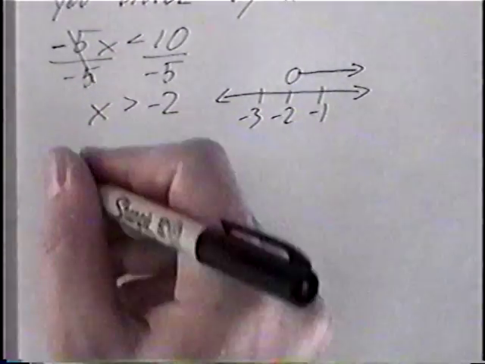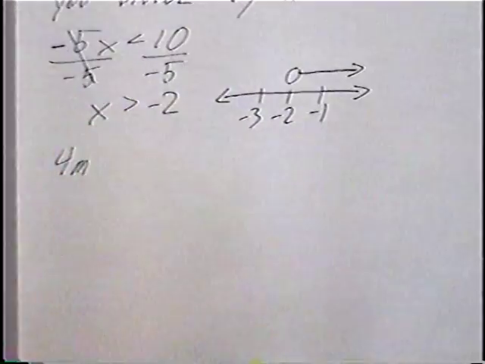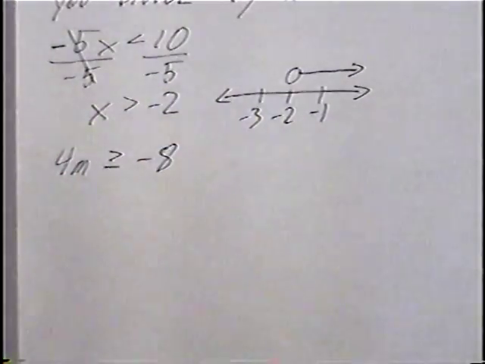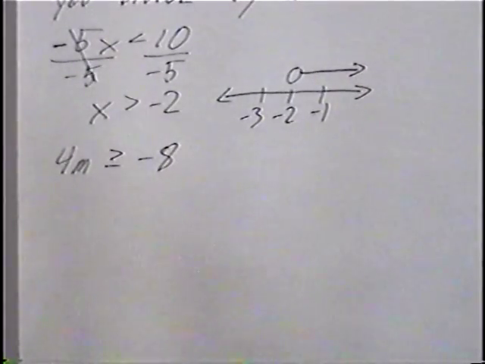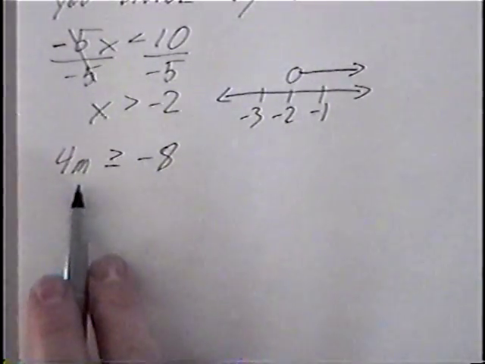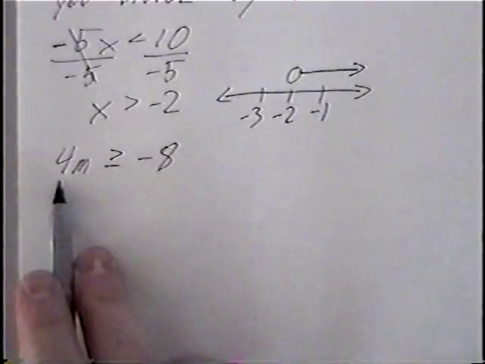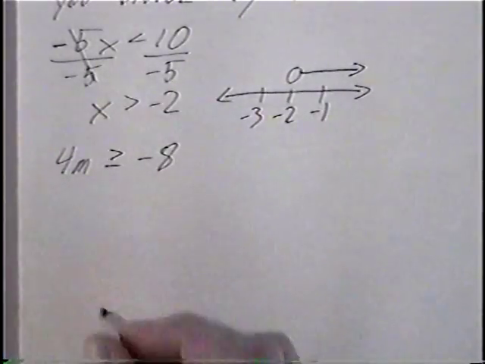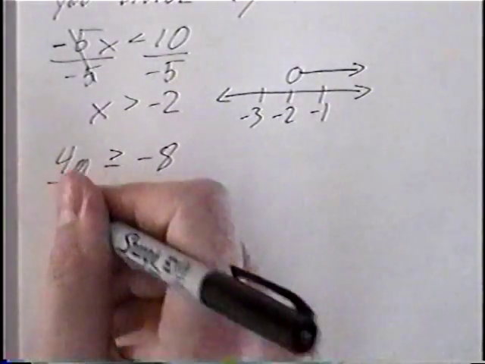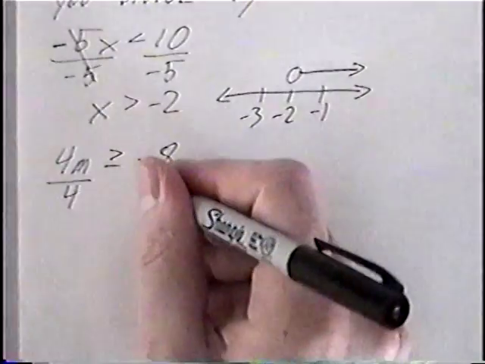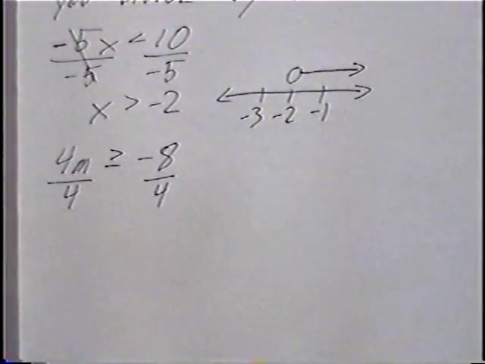Second question is 4m greater than or equal to negative 8. Again, we want to solve for m, so we want to get rid of this 4. 4 times m, the opposite of multiplying by 4 would be to divide by 4 on both sides.